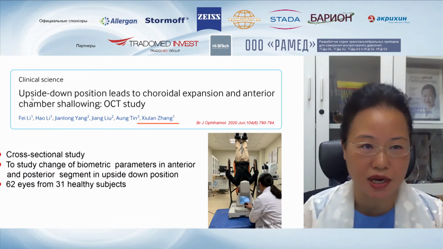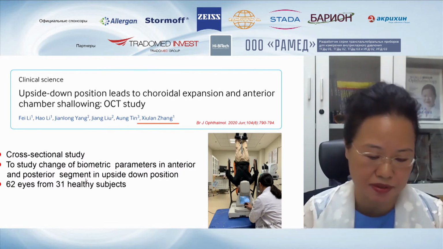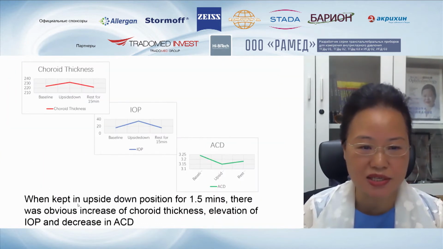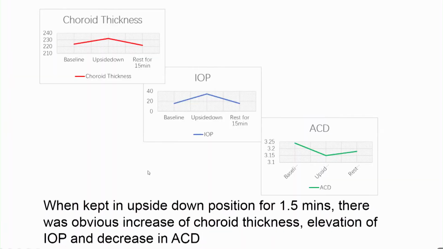Then we performed an upside-down position study to look at the change of biometric parameters in the anterior and posterior segments. We found that when kept in an upside-down position for one minute, they obviously had increased choroidal thickness, then elevated IOP, and then decreased anterior chamber depth.